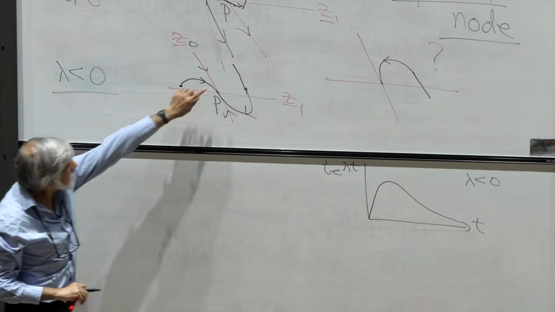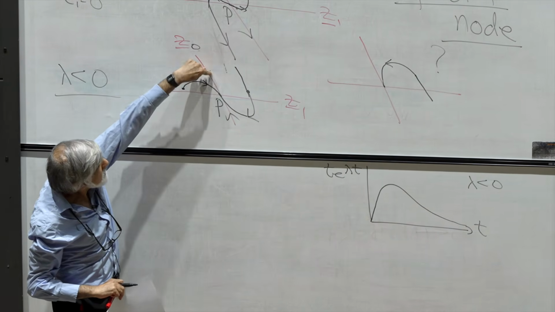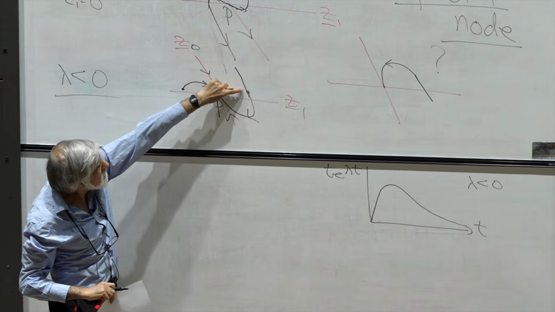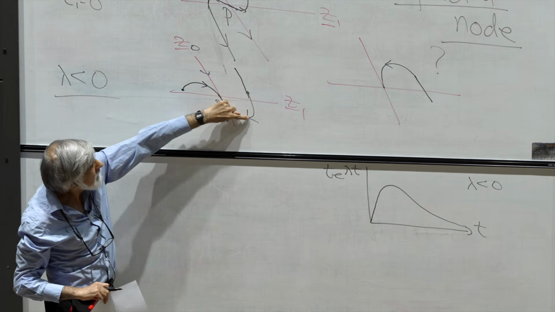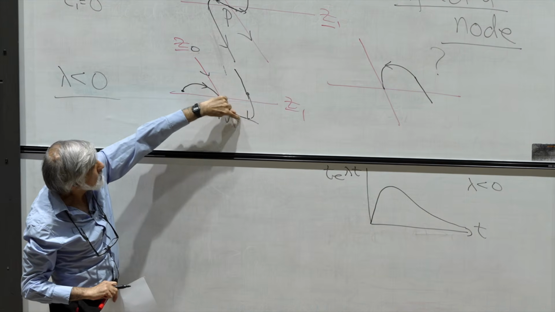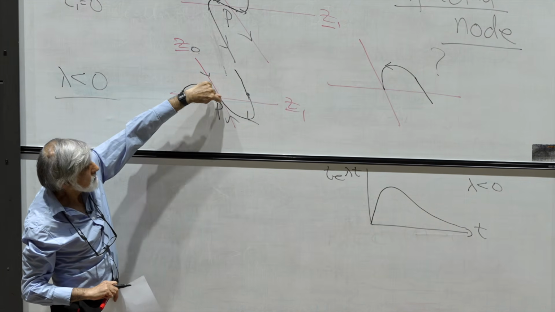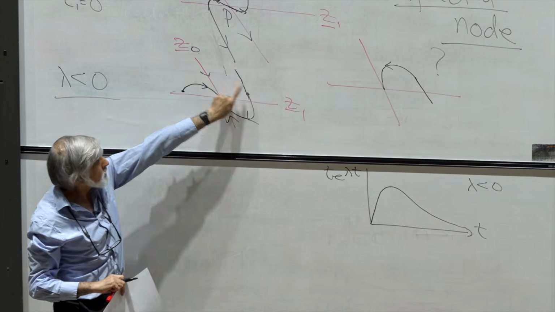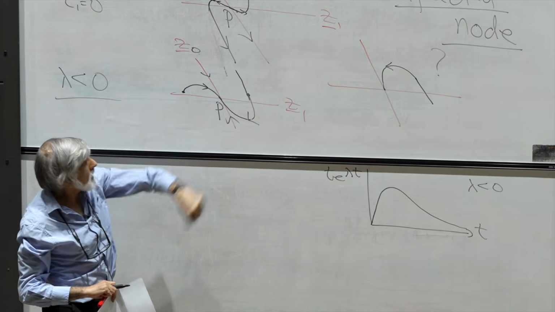Whereas this one here decreases first of all, and then goes down like that. Okay? So it must be this one and not that one.